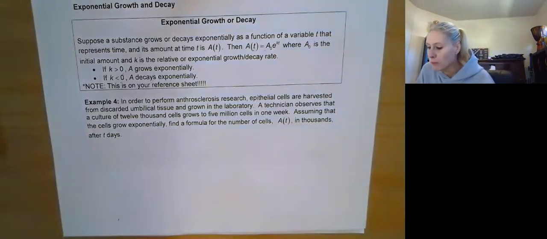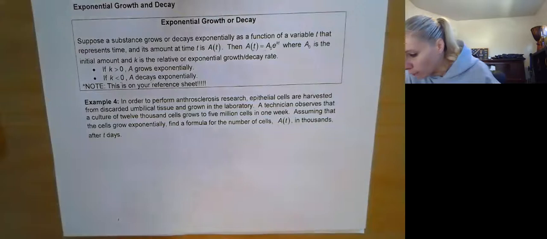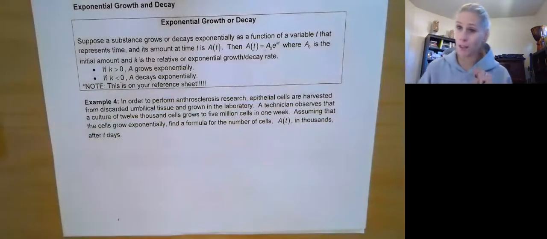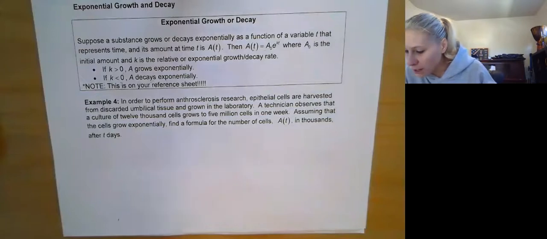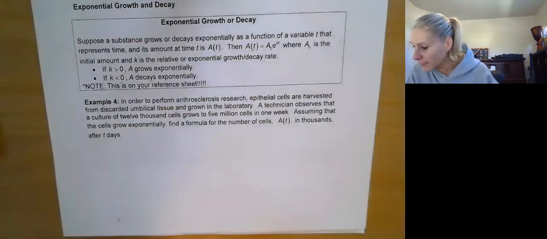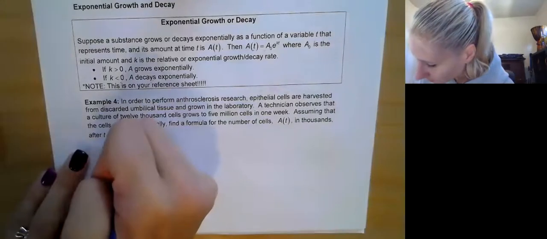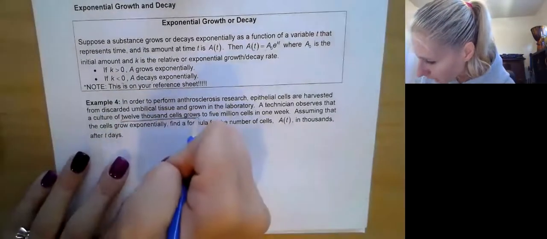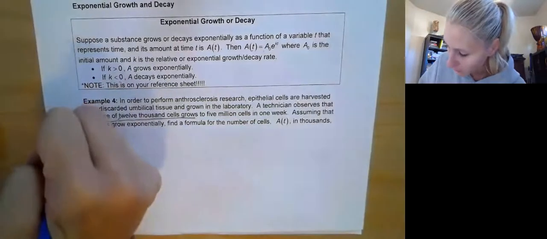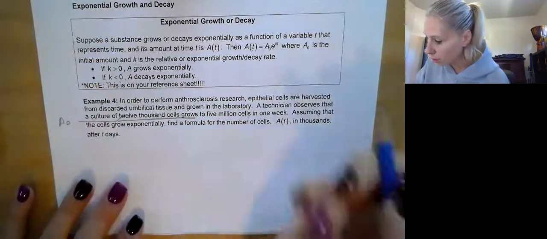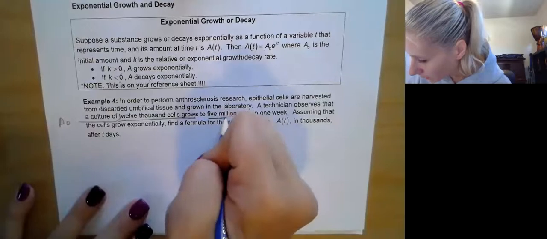In order to perform, I'm not good with this, guys. Research. Cells are harvested from discarded umbilical tissues and grown in a laboratory. A technician observes that a culture of 12,000, so that is our initial, right? Our initial is 12,000, grows to 5,000.